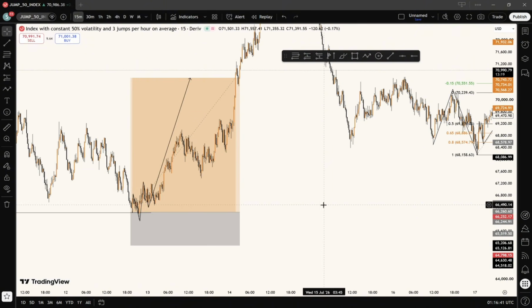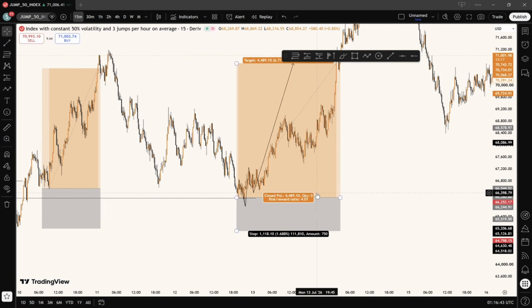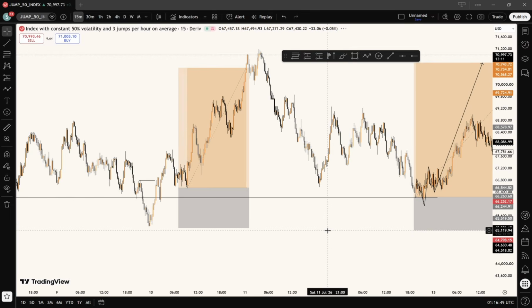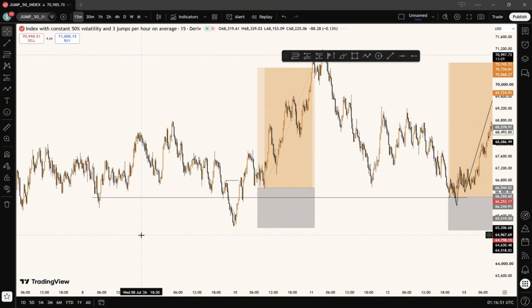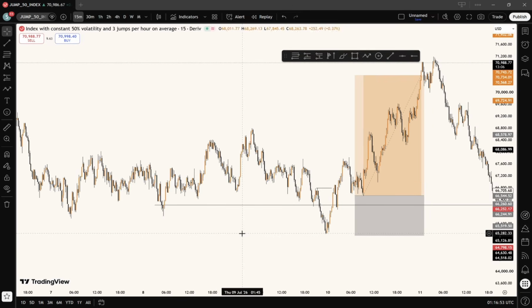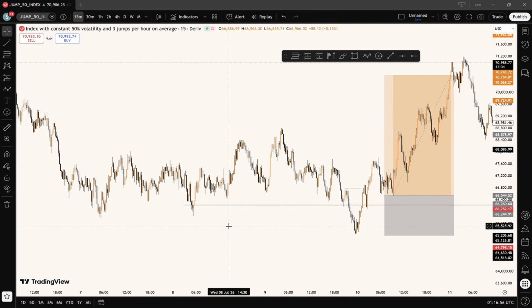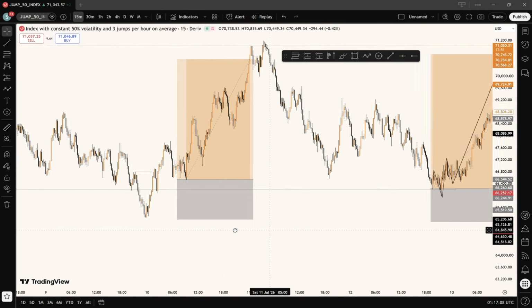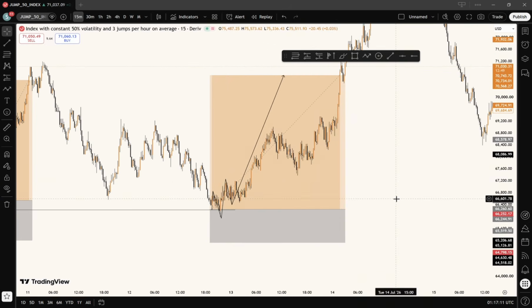I'm actually looking for a clean one, a cleaner one. So that is that for that.